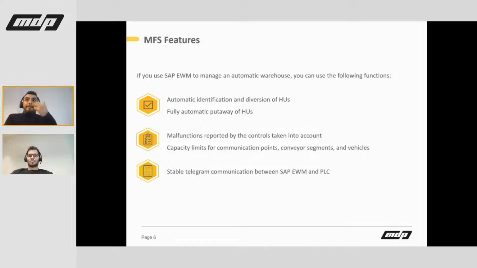Also, malfunctions or any capacity limits exceeding any capacities are controlled on communication points, and directly interim steps or any other processes are taken through telegram messages sent by the programmable controllers to the EWM.